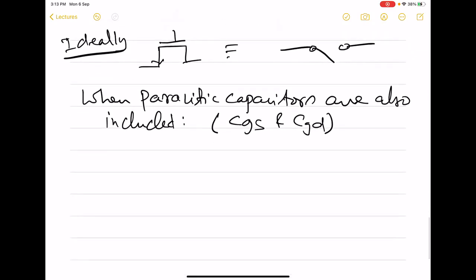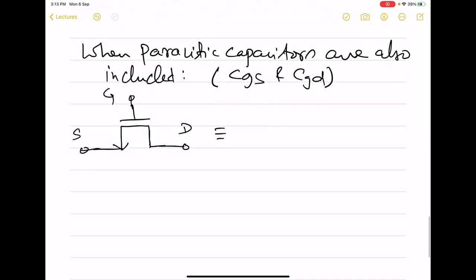So in this case, now MOS: here we have gate, and here we have source, here we have drain.